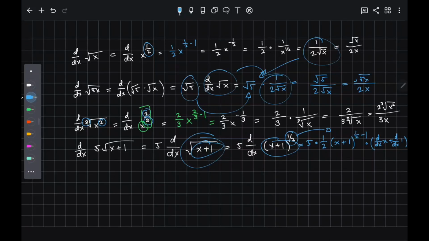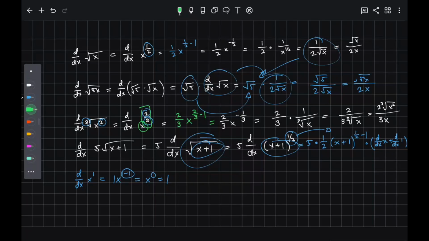Now, the derivative of x, since x is just equal to x raised to 1, means that's just 1 times x raised to 1 minus 1. And 1 minus 1 is equal to 0, so that is x raised to 0 or equal to 1.